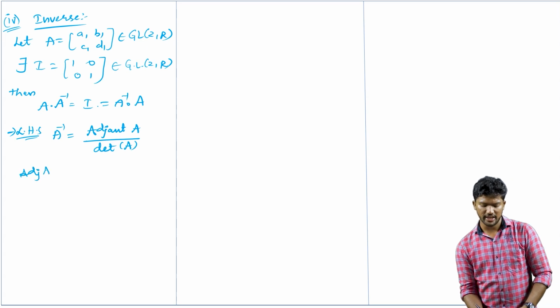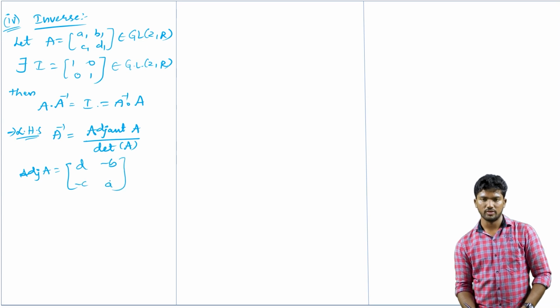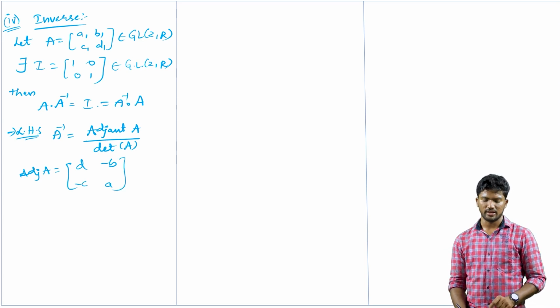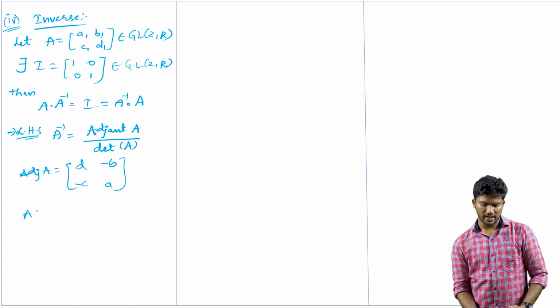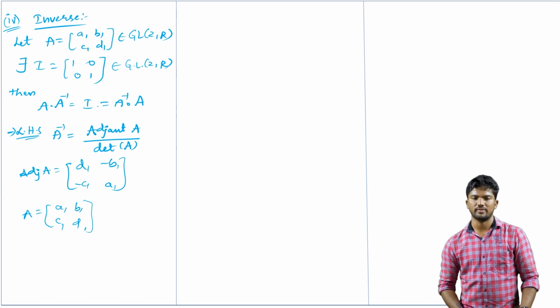Adjoint A is [[D, -B],[-C, A]]. This is the formula for the adjoint A, where A is [[A1,B1],[C1,D1]]. Then adjoint A is [[D1,-B1],[-C1,A1]].